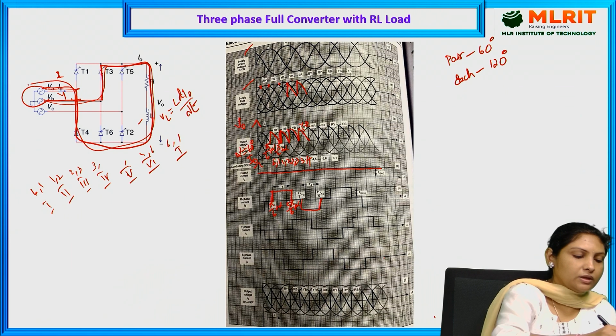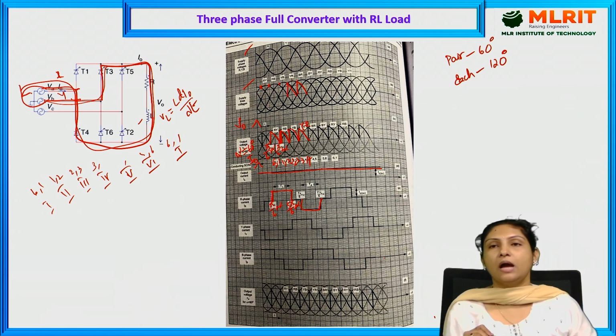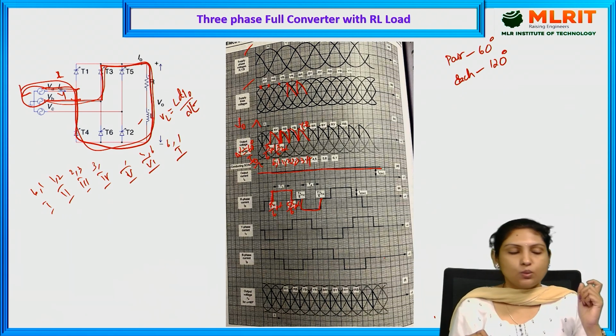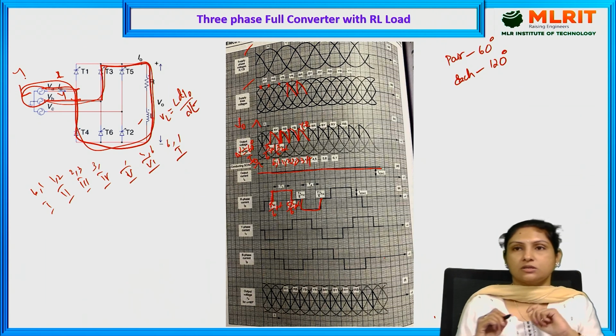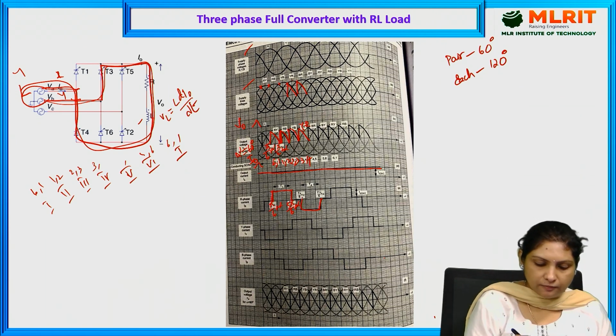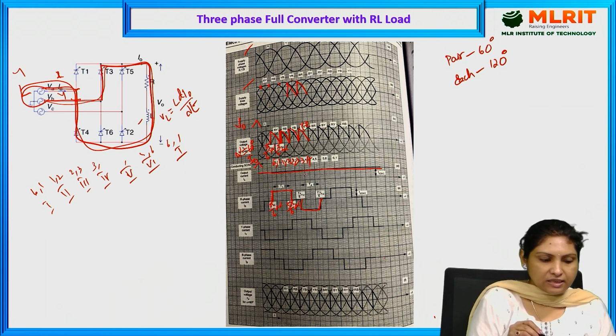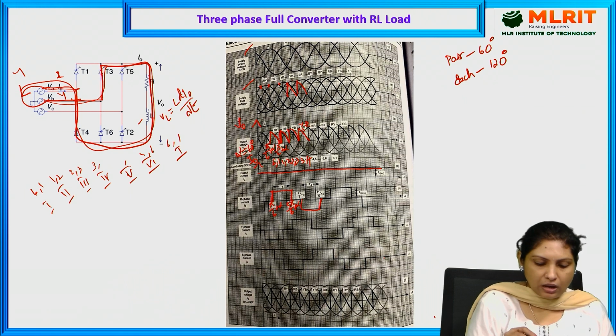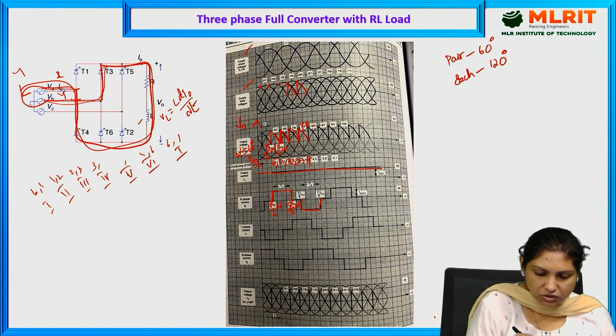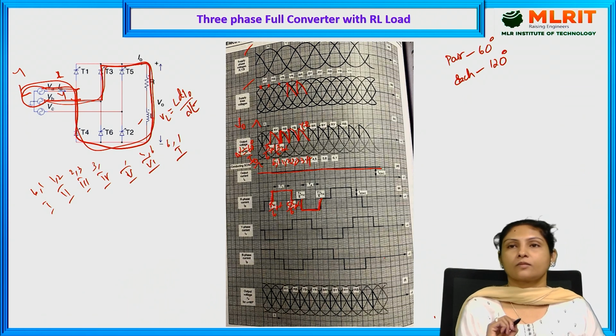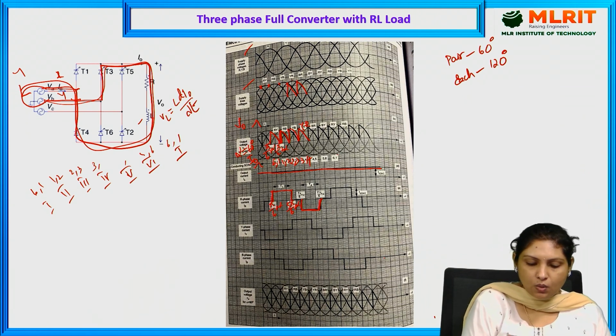Supply current will be in the downwards direction, and in the previous case, supply current was in the upwards direction. So that is the reason here during YR phase, T3 as well as T4 are conducting, during which the supply current will be negative. And again, when R phase appears, the supply current will be positive.